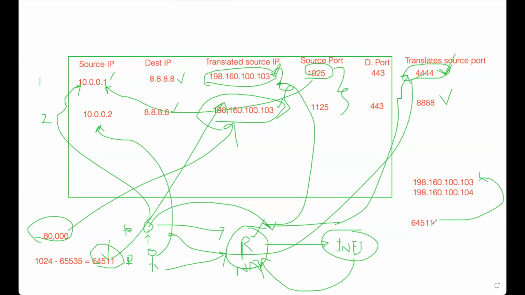Similarly, I get another 64,000 ports for this IP. So I am using a dynamic pool for selection of the users. Is it clear now? Sayashree, is it clear? Yes, Ravi, it's clear. Okay.